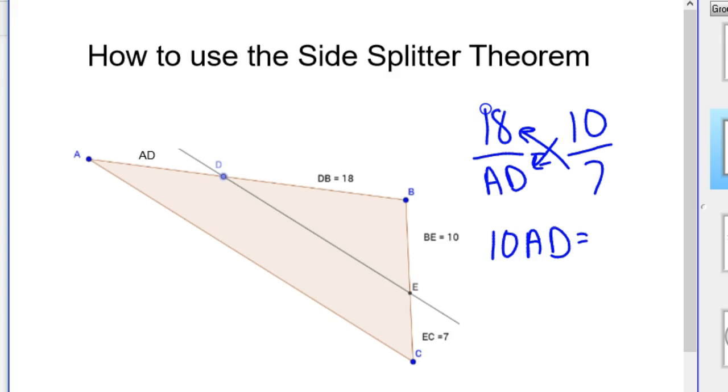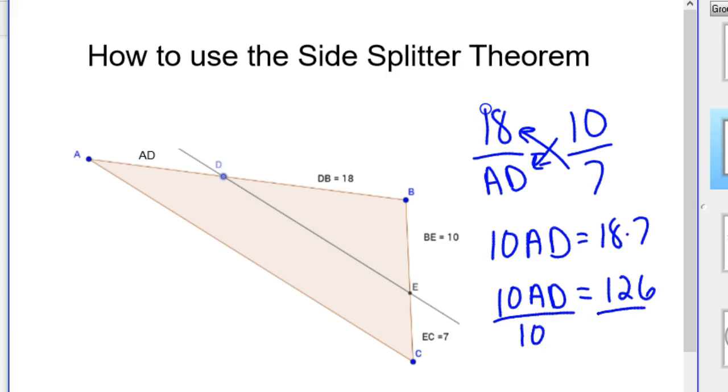Make sure you have a proportion before you do it. 10 AD equals 18 times 7, which is 126. Then you divide by 10, and AD equals 12.6.